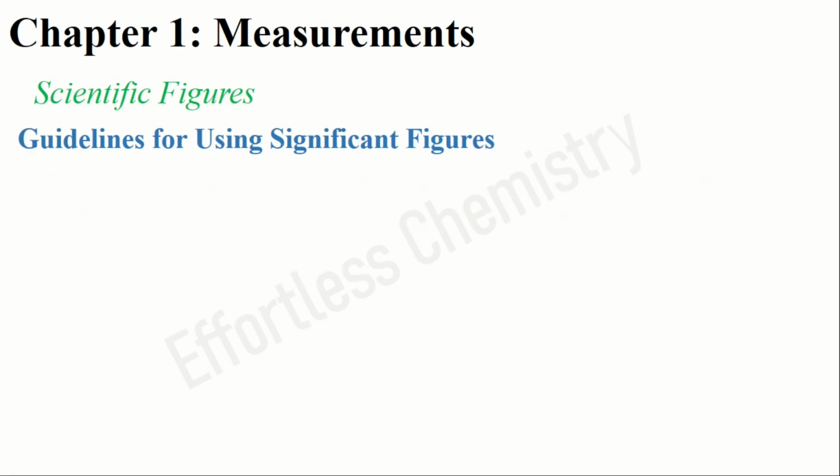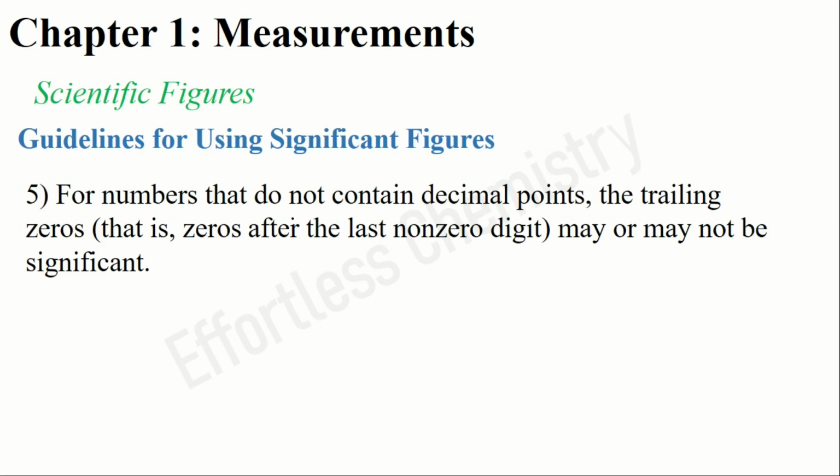Rule number 5. For numbers that don't contain decimal points, the trailing zeros, that is zeros after the last non-zero digit, may or may not be significant.